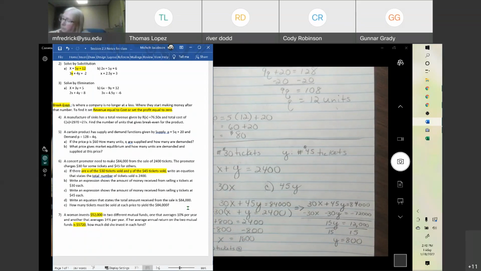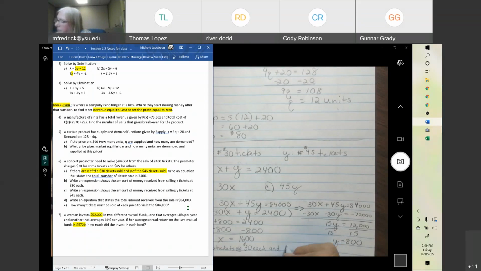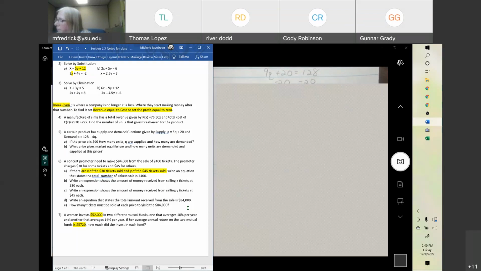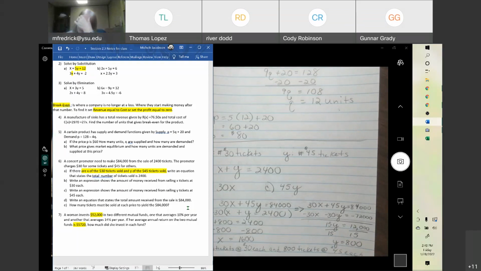Sell 1,600 tickets at $30 each. And 800 at 45 each. Is there any questions on that?